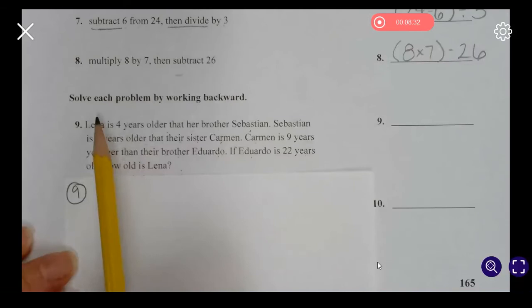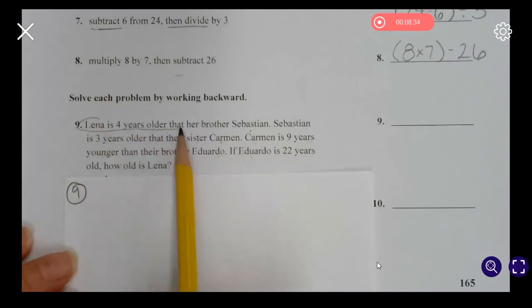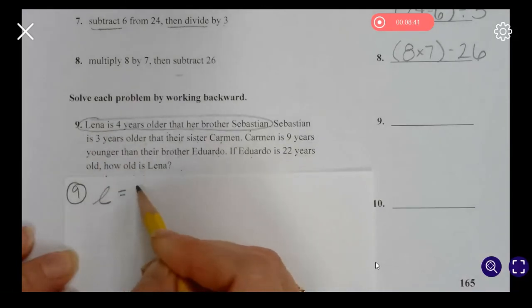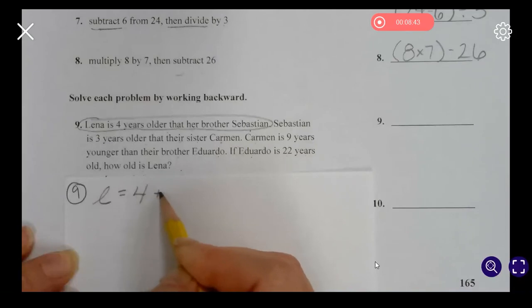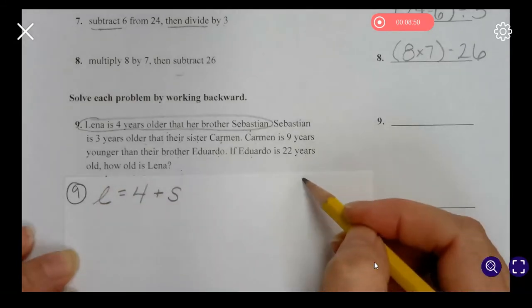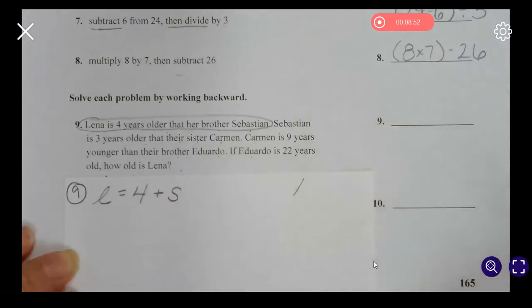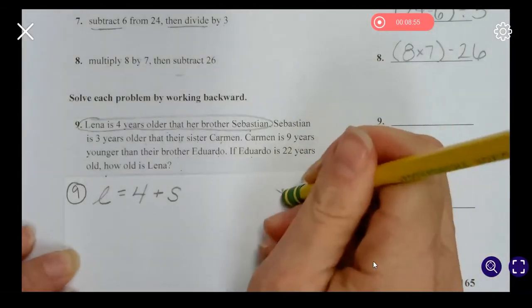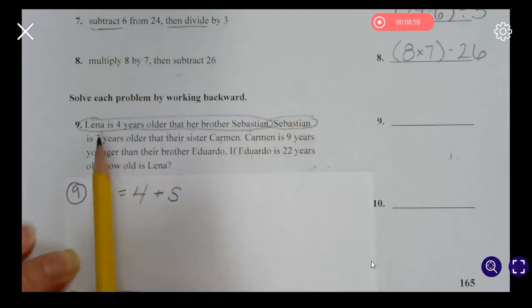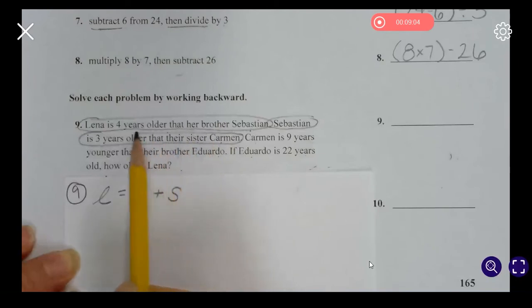All right, so Lena is 4 years older than her brother Sebastian. Now I'm going to use a cursive L here because if I use just an L like that, it might look like a 1. Sebastian is 3 years older than their sister Carmen.